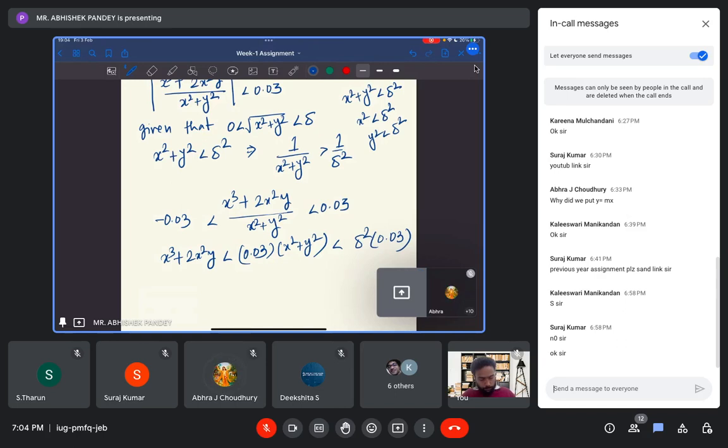Yes, sir. Yeah, because both these quantities are non-negative. Okay, so this will be less than delta square into x plus 2y.